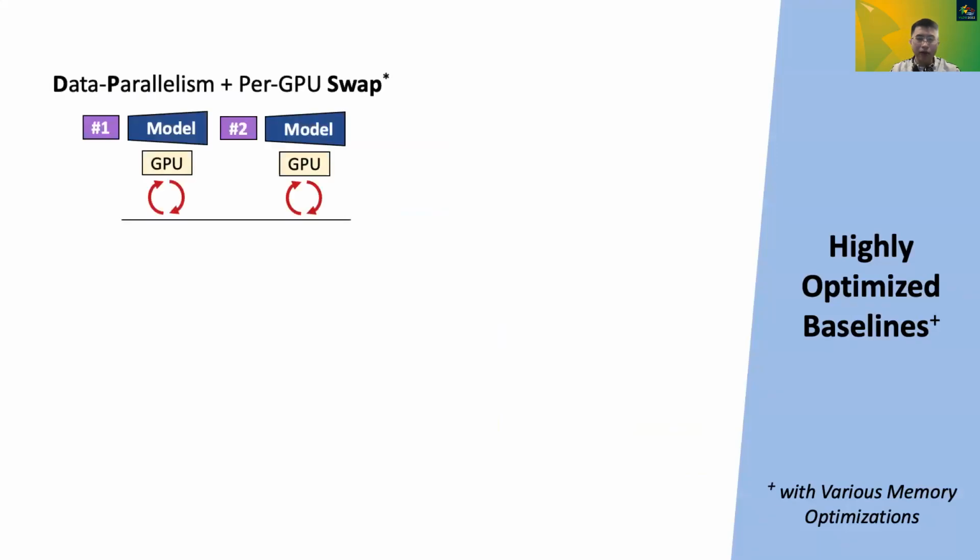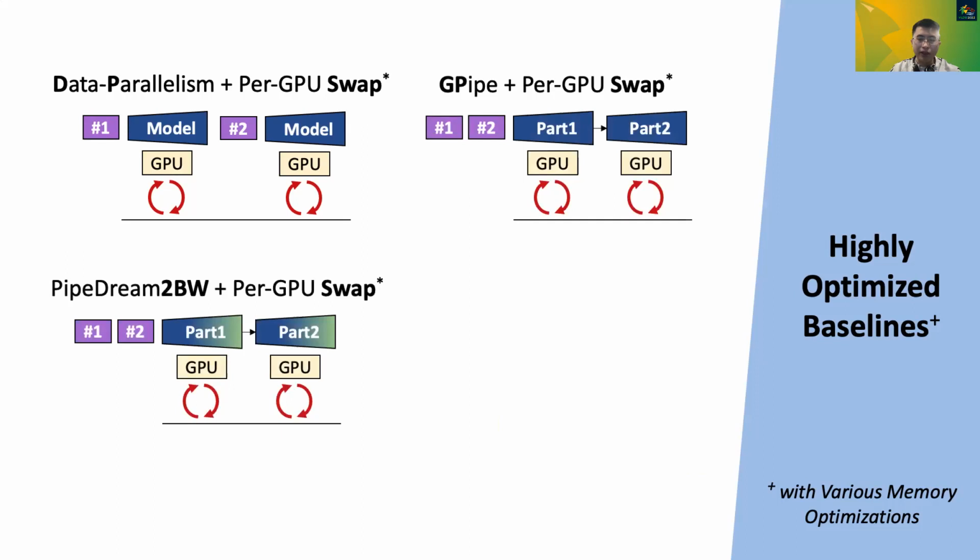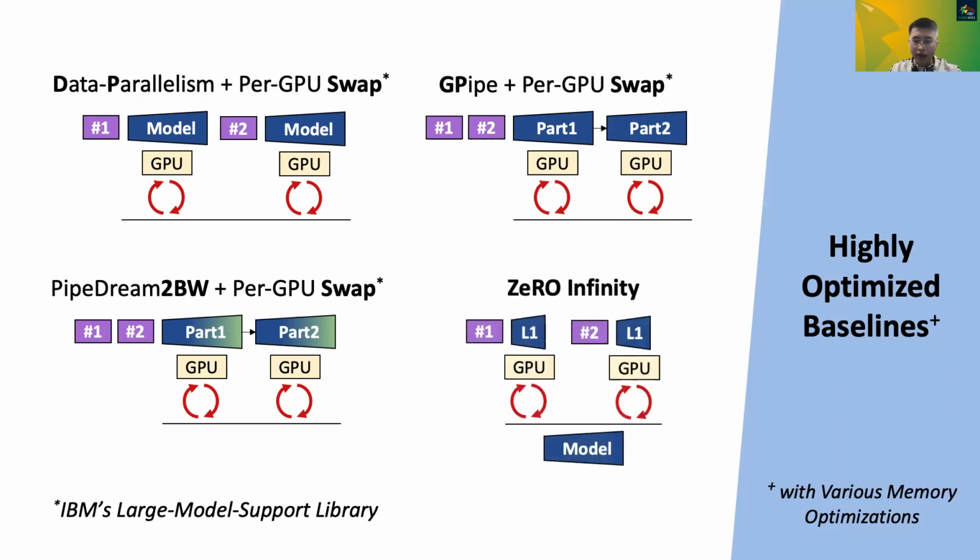First is data parallelism enhanced with per-GPU memory swap. Second is GPipe. Third is the most recent PipeDream-2BW. This memory swap uses IBM's Large Model Support library, dedicated to fast tensor swaps. Last is the state-of-the-art ZeRO-Infinity, and an enhanced version of data parallelism plus swap.